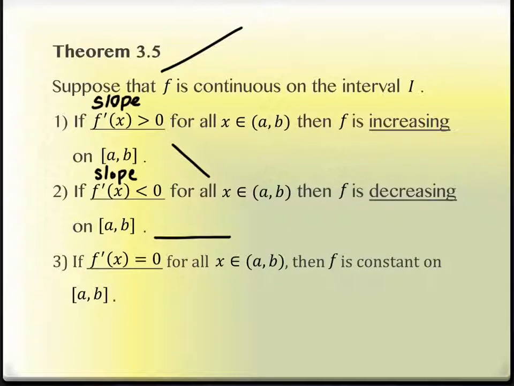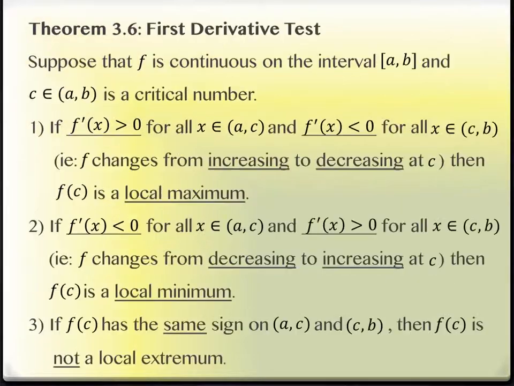And this relates to the first derivative test. The first derivative test talks about how we can actually decide where graphs are increasing and decreasing. Well, the previous slide says that we can do it based on what the derivatives are doing. So we're going to suppose that we have a critical number between a and b.